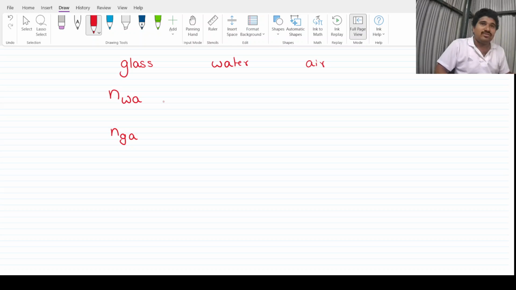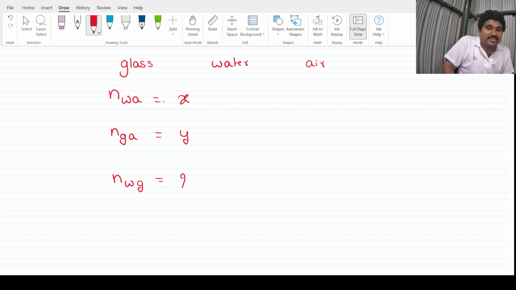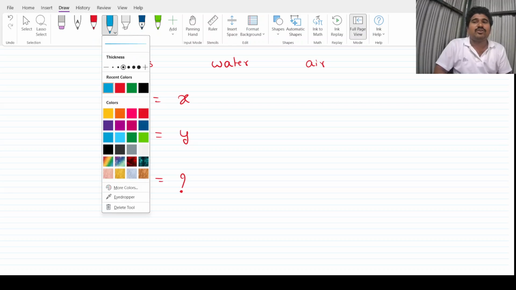Yes or no? I gave this value as x and this value as y. I am asking for N of water with respect to glass. How much is water with respect to glass? How do we find this? No problem, sir.